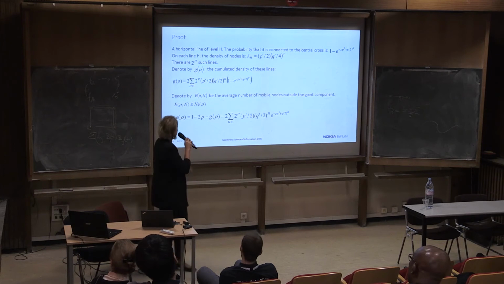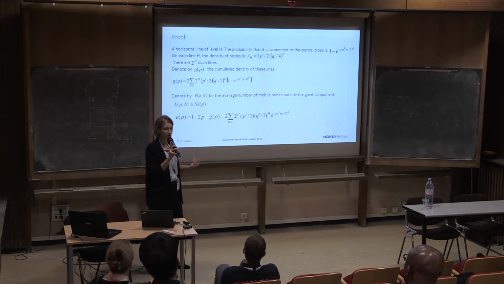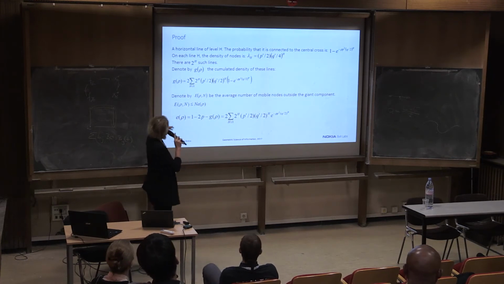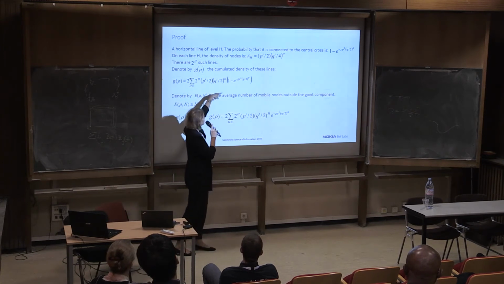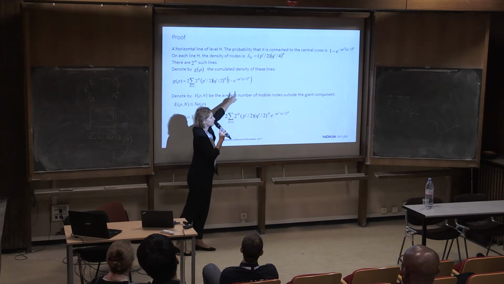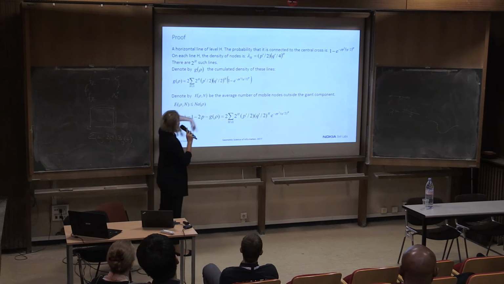Furthermore, if we want to see the cumulated density of these lines, I'm talking about the density of the nodes, we're going to make the summation over all possible horizontal lines of the density of this kind of lines and the probability of being connected with one single relay to the central cross.